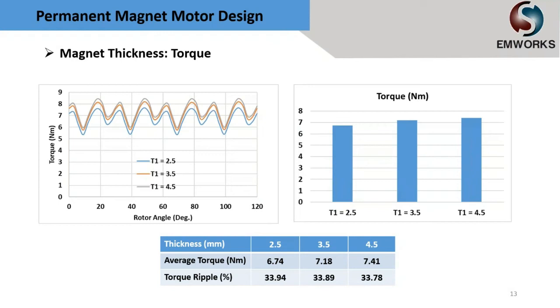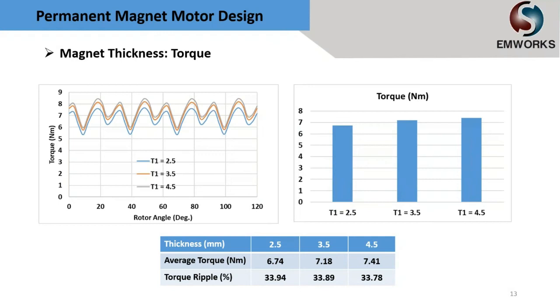The reason is that magnet thickness does not change the back EMF waveform and the torque profile, and only changes the value. Therefore, we can conclude that the magnet thickness is not a determinant factor for designing a machine for PMSM or BLDC operation.